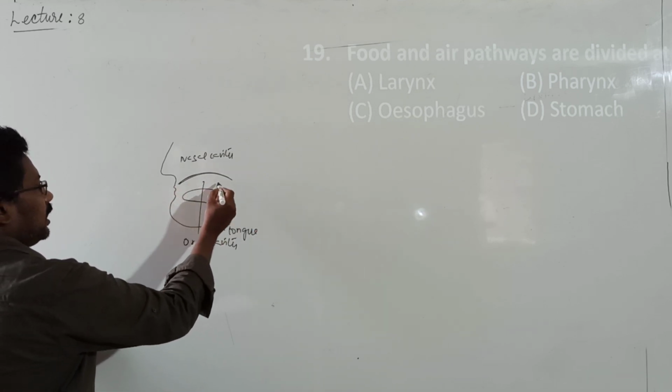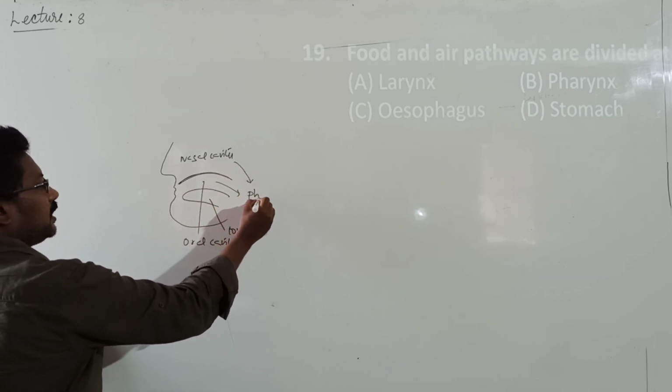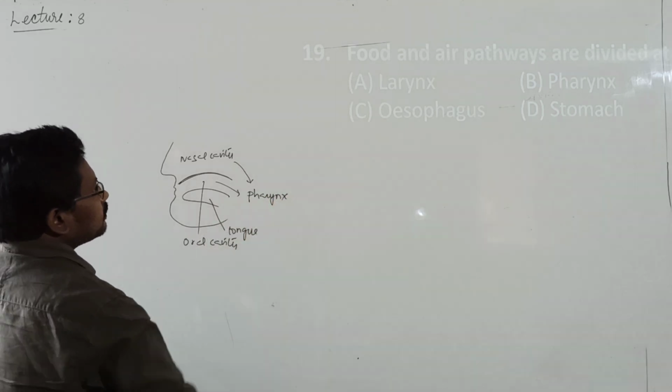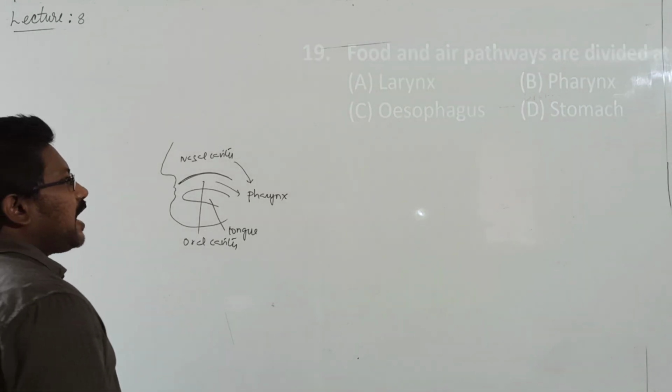And this oral cavity opens into the pharynx, the nasal cavity also opens into the pharynx. So the food and air pathways are divided at, of course, clear, it will be at the pharynx.